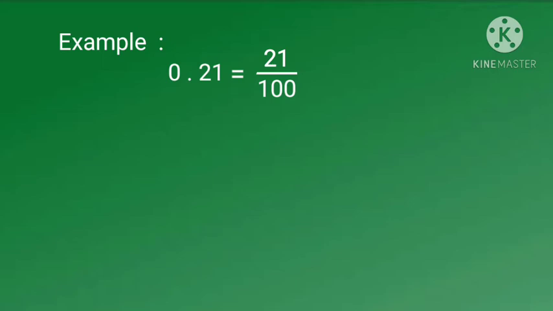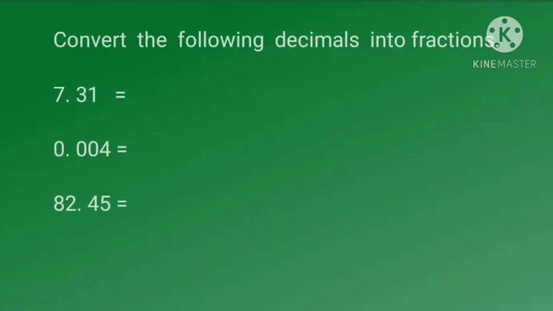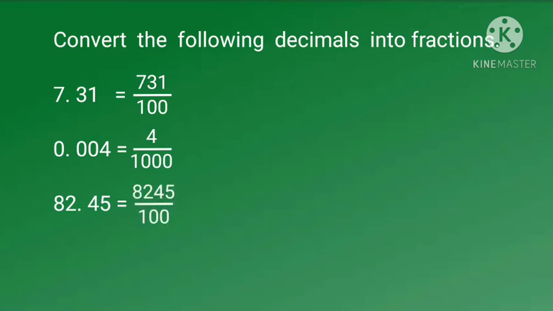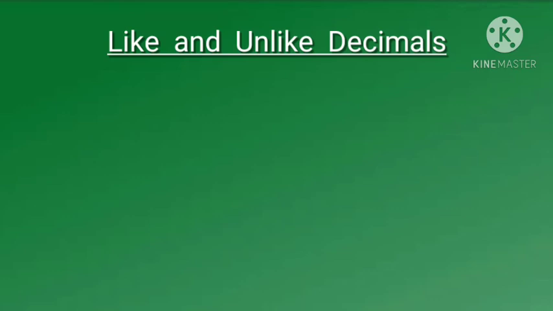Let's see another example. 7.31 is 731 by 100. 0.004 is 4 by 1000. 82.45 is 8245 by 100.